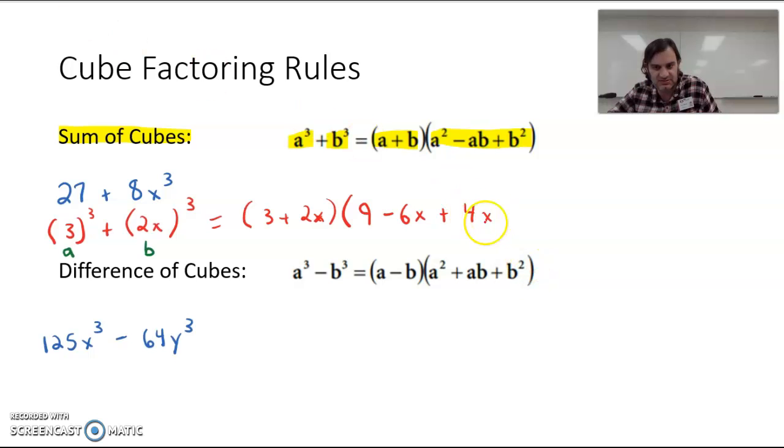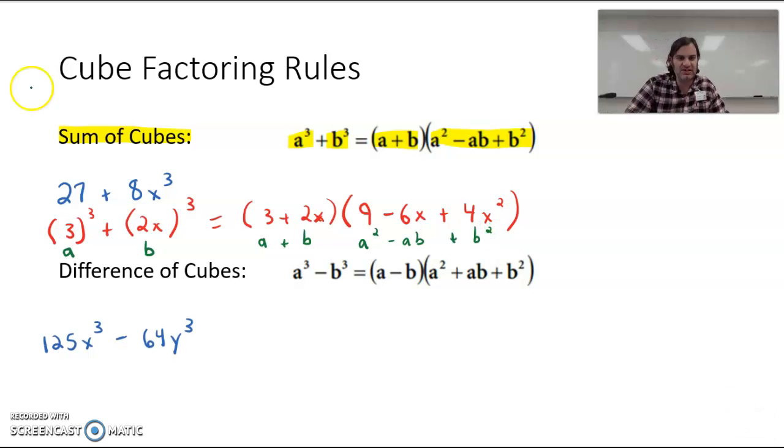So let's see, if we label all this, this is a plus b, this is a squared minus ab plus b squared. Okay. These are just following a template, so you have to be able to find the square root of something or the cube of something, and it has to be really nice, or these formulas aren't very useful.